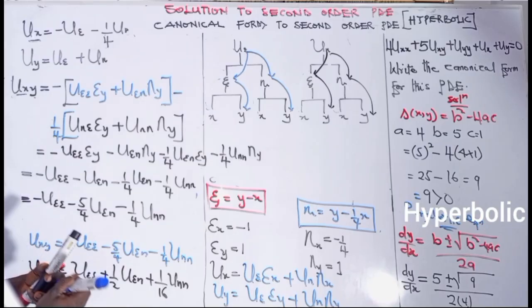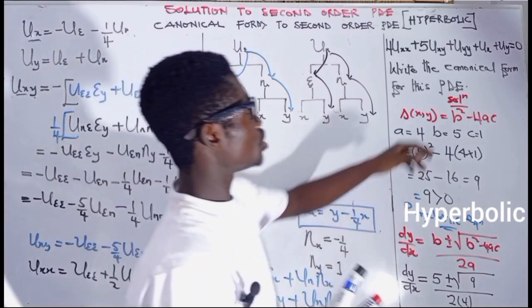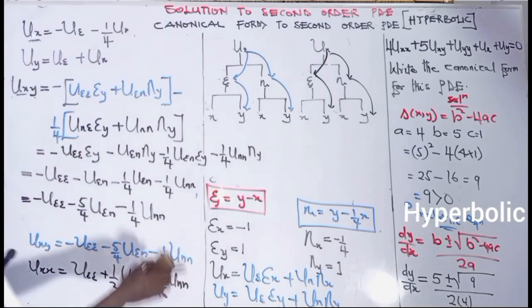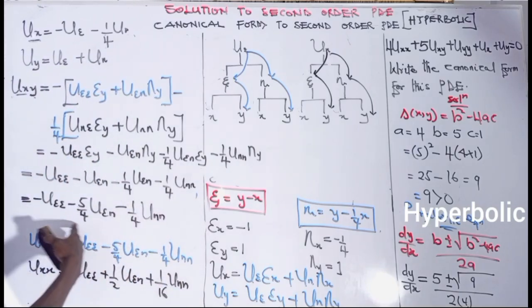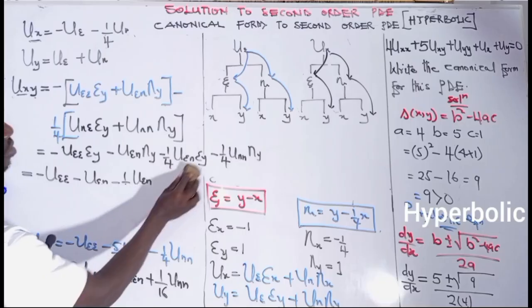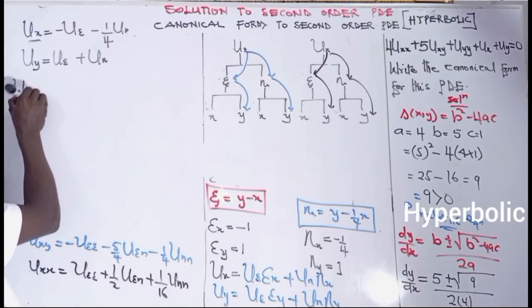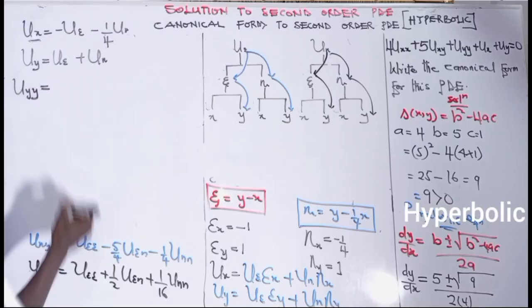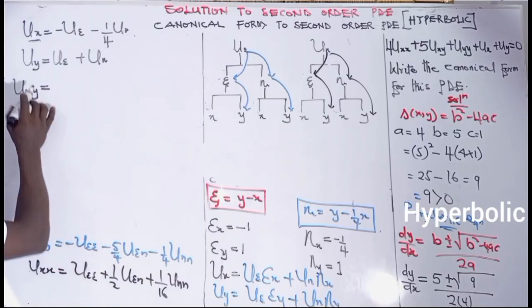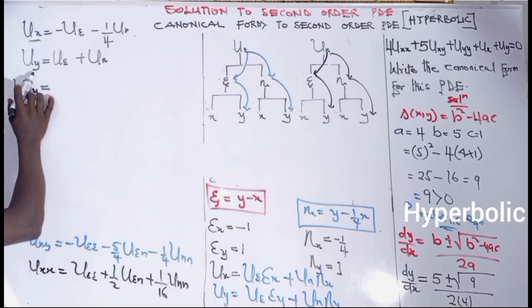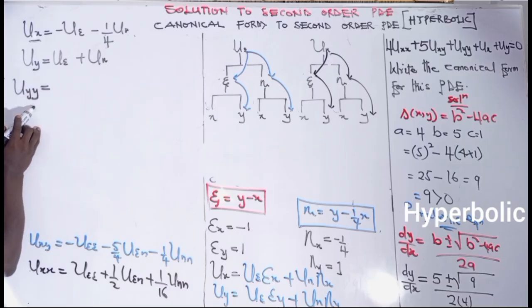The next one that we have to look for is uyy. We look for the expression for uyy. For uyy, we have uy here. In taking the second partial derivative, we are going to make use of this equation to find uyy. Good.